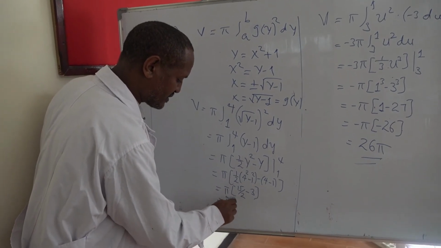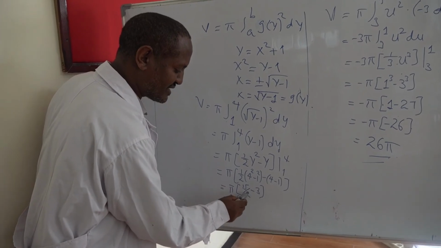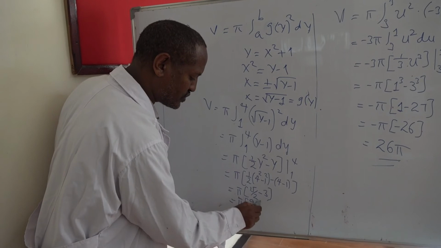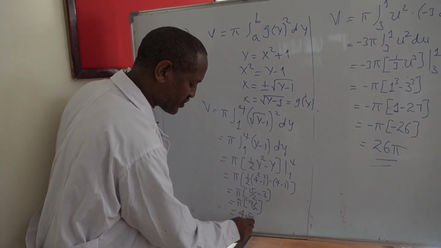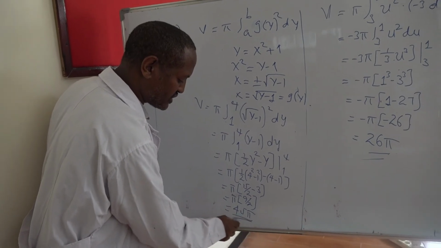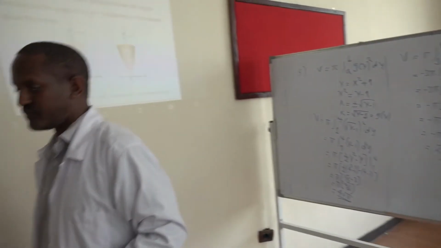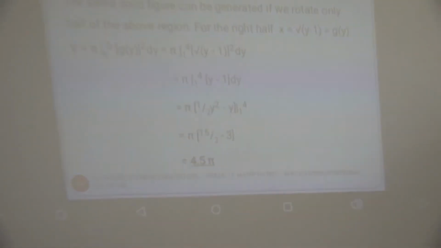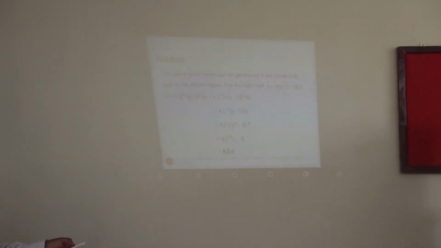Pi times 15 over 2 minus 3, that is 15 minus 6, 9, 9 over 2 pi, or simply you can write it as 4.5 pi. So this is the volume of the required solid figure. Now let us see its answer. Good, that is 4.5 pi.